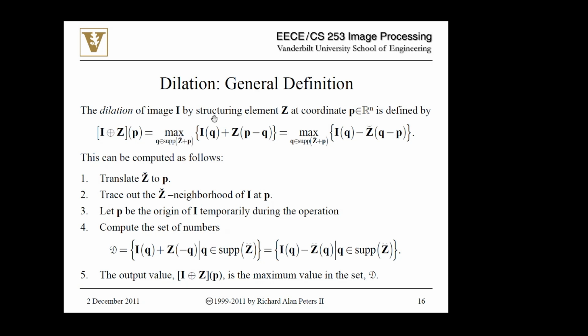So either you move the image or you move the kernel. And then for every point where the operation is different from zero, or different from minus infinity in this case, you make an operation between two, and then you gather all those images into a single one.